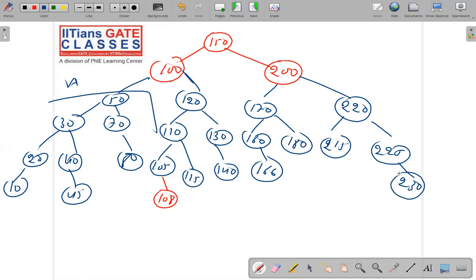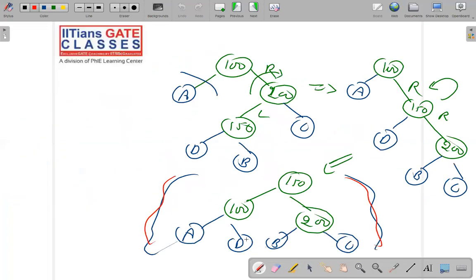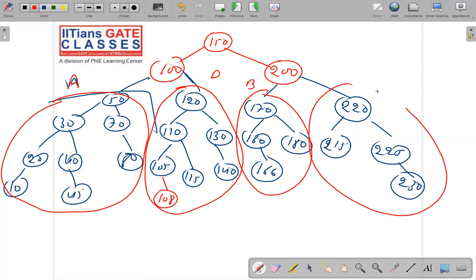Okay. So let me label them again. This whole subtree is A. This whole subtree is D. This whole subtree was basically, we named it as B, and this is C. So after one insertion, this much we have to do.